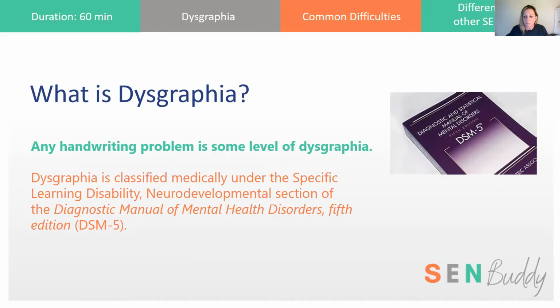You will have some where the EdPsych will say that it is actually a diagnosis of dysgraphia, but you will have some that just say there is a specific learning difficulty for written expression. And that just means actually it is dysgraphia, but they've called it something else. So that's just something to be aware of.